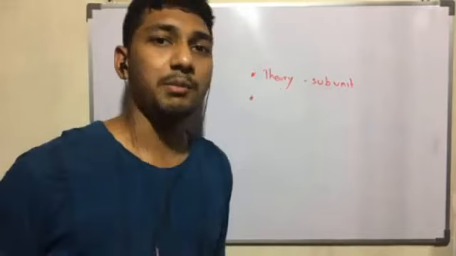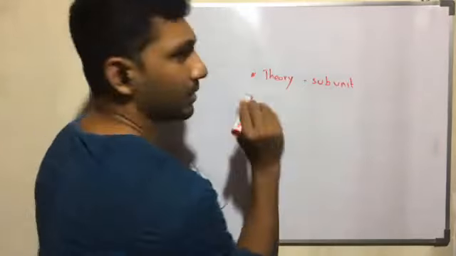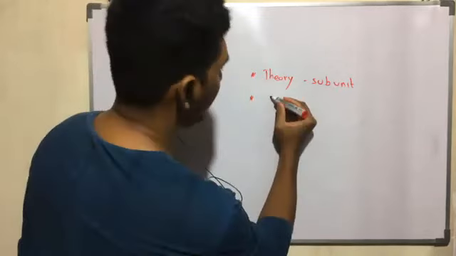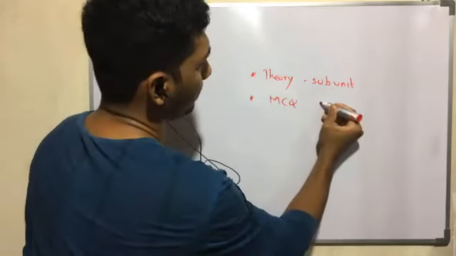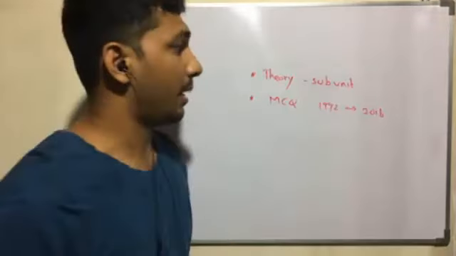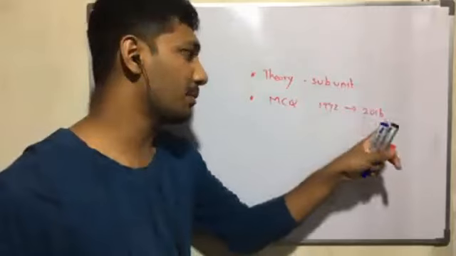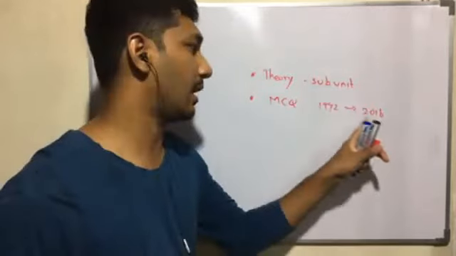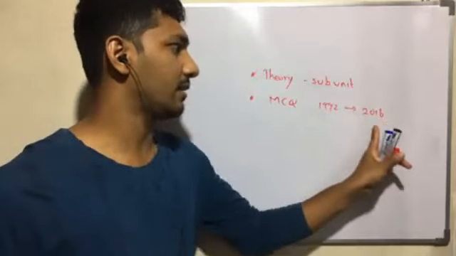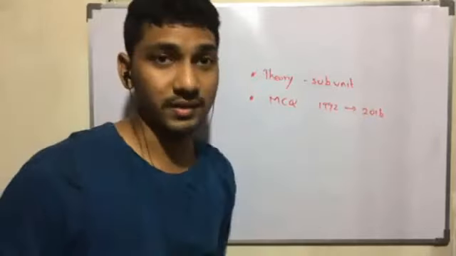I basically use Pesuro Publications books, because they have MCQs from 1992 to 2016. The latest books may go up to this year, but the books that I have only go up to 2016.